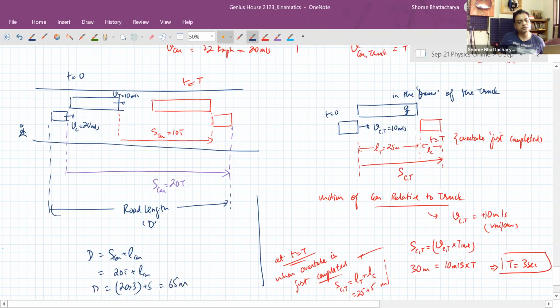So 65 meters of road length is utilized, because the entire portion, the patch of the road that you are using, is from this section right up to this section. This is the section of the road that you are utilizing to complete the overtake.